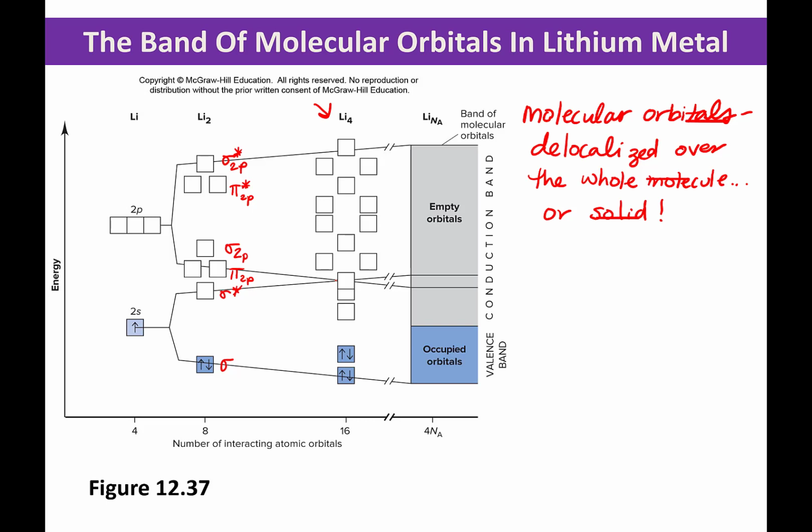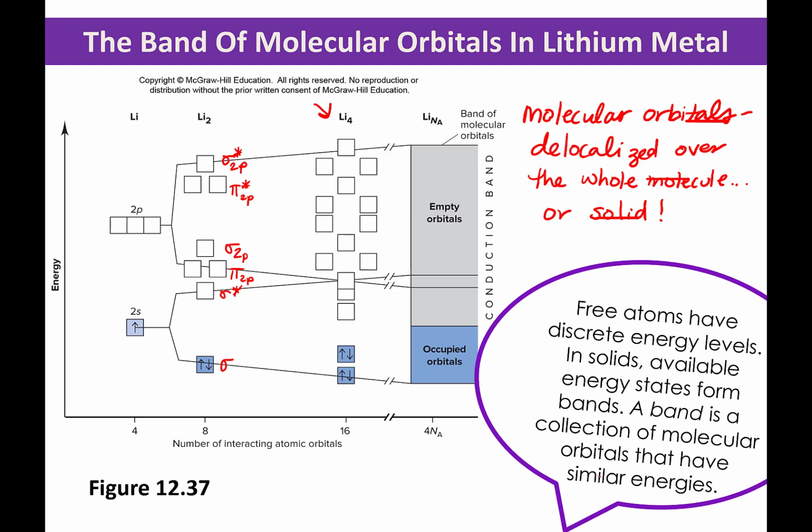And as we continue to add more and more atoms, what will happen is we will start creating a band of orbitals. So free atoms have these discrete energy levels, but in solids, since we have so many different molecular orbitals that are being generated from all of the different atoms, imagine if we have Avogadro's number of lithium atoms, what ends up happening is we end up creating bands.